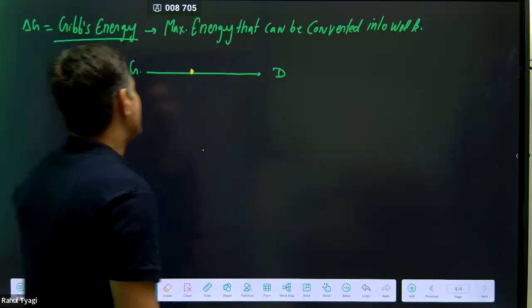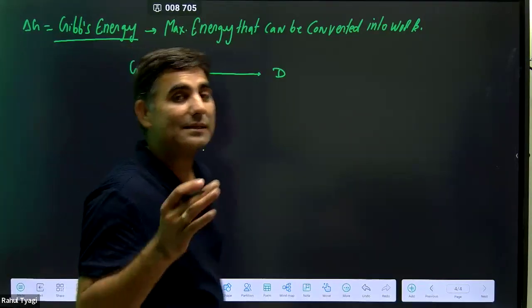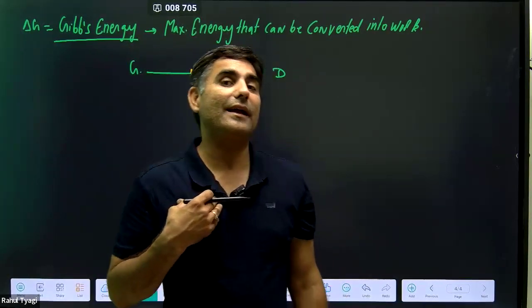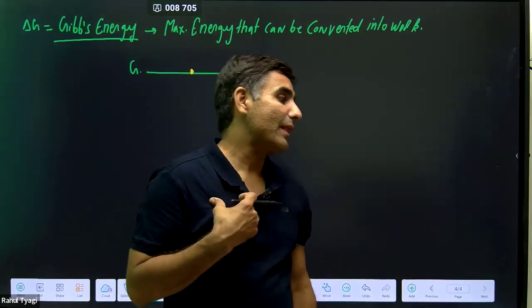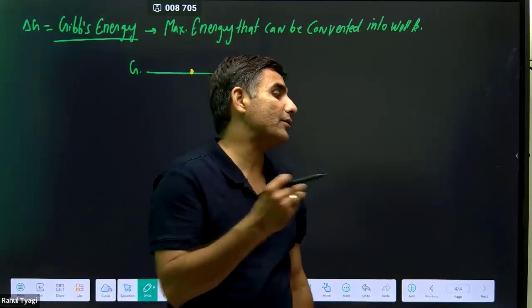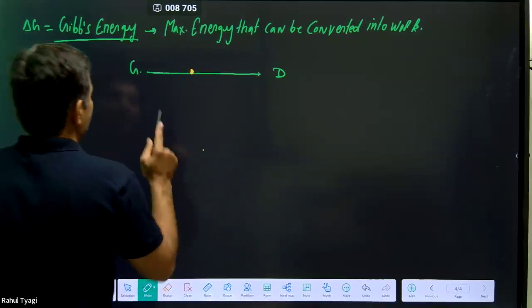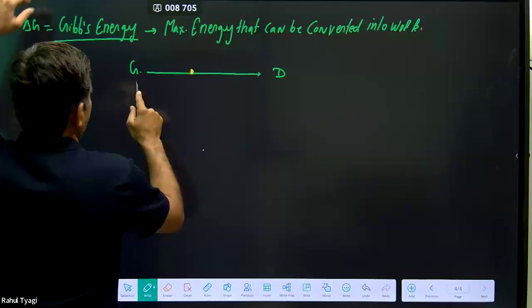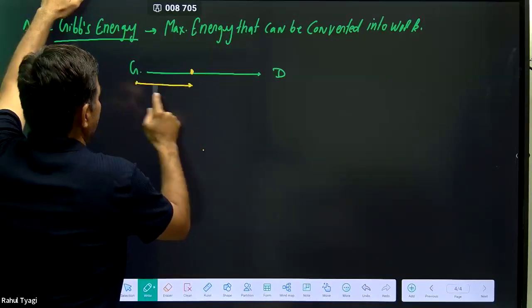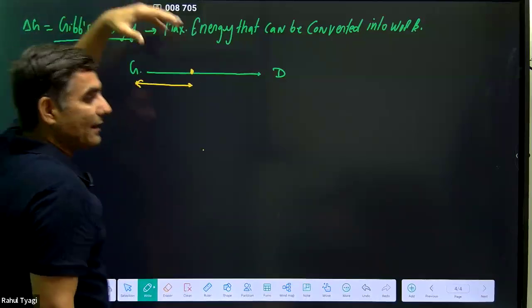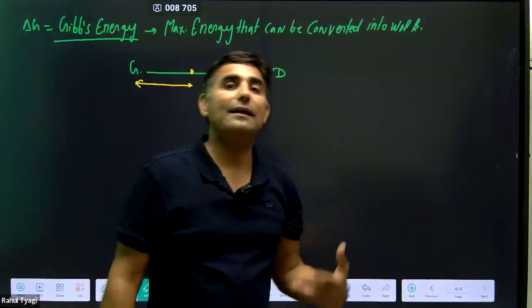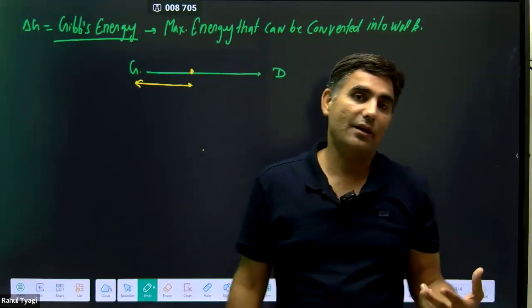It doesn't mean I don't have the energy. It means I have the energy, but I cannot convert it into work. So the energy I use from here to here, the energy that I convert into work, that is called Gibbs energy.